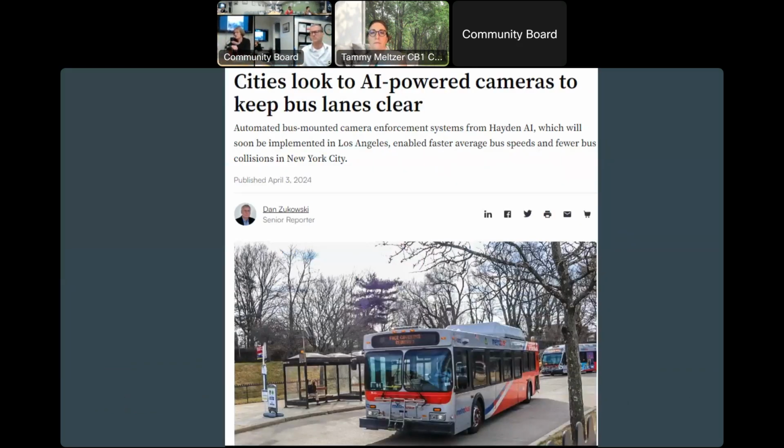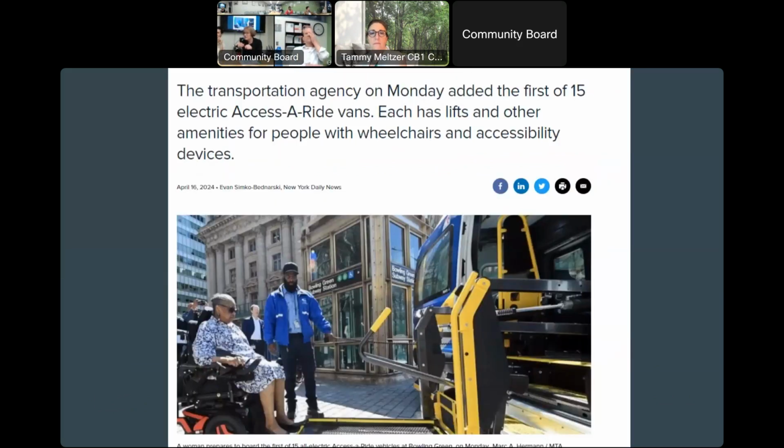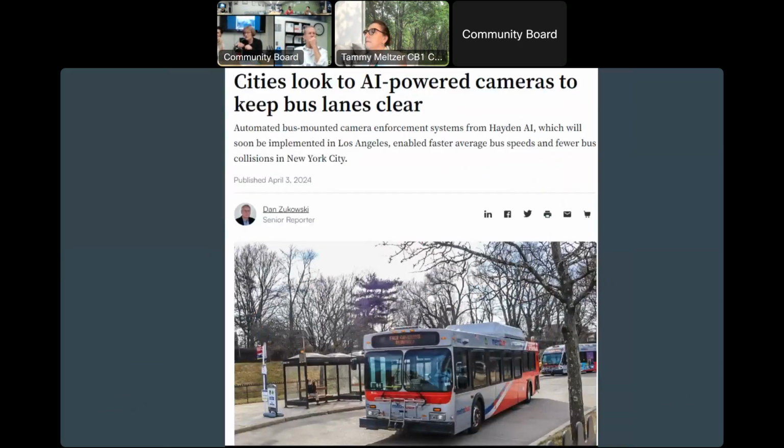More cities are using AI-powered cameras to keep bus lanes clear, and DOT here was using it. Just so you know, as a fact, they've been some of the leaders in the country on that. There's an article today about how much they cost. It's pretty expensive. These are probably from a federal government grant. How do they clear bus lanes? I couldn't find that information.